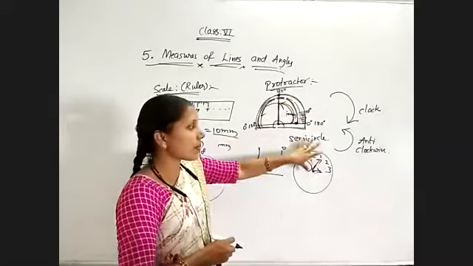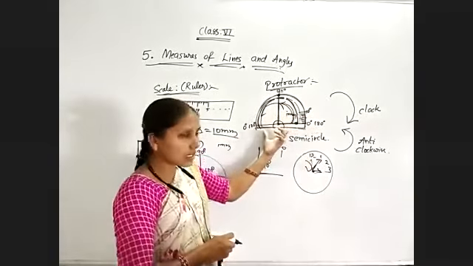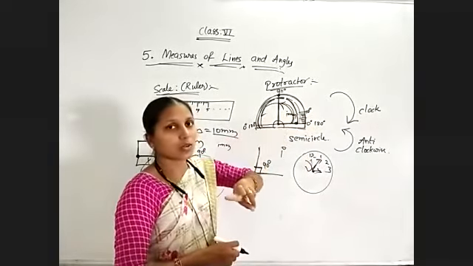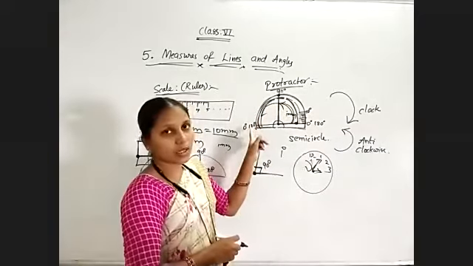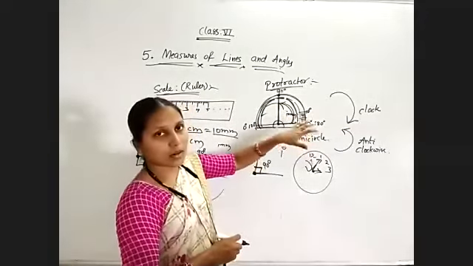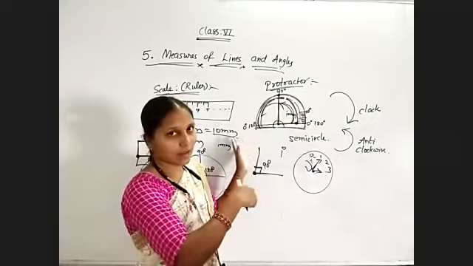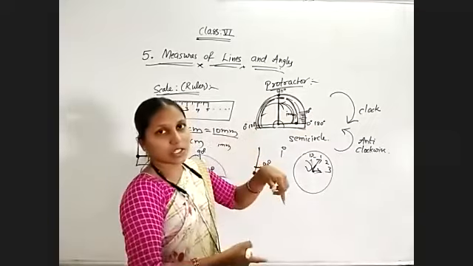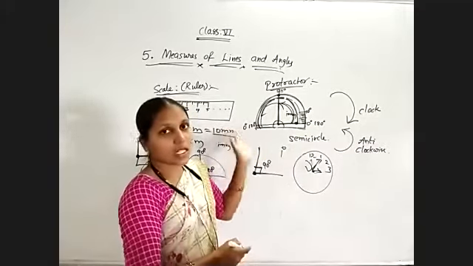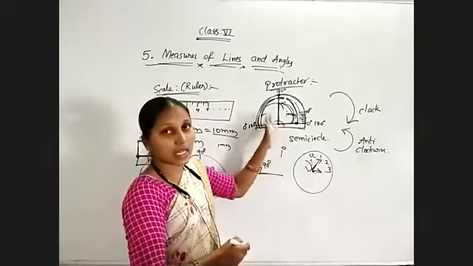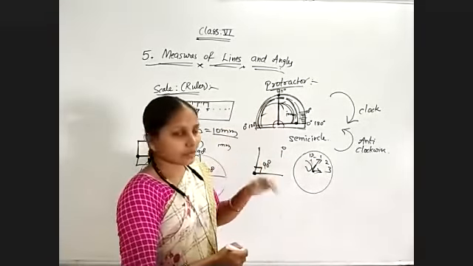And it is in the shape of a semicircle. On the protractor, we have two different types of measurements shown. One is 0 to 180 in the anti-clockwise direction and the other in the clockwise direction. Both directions have 0 to 180 degrees mentioned on the protractor.